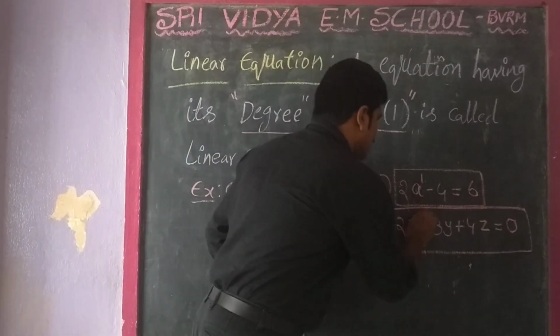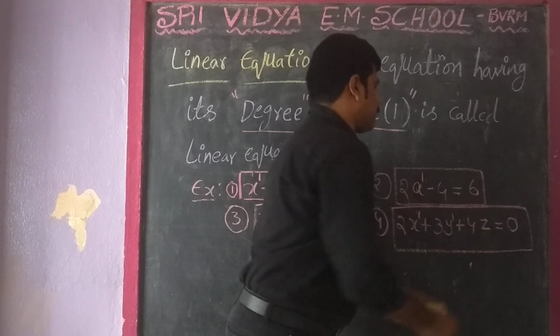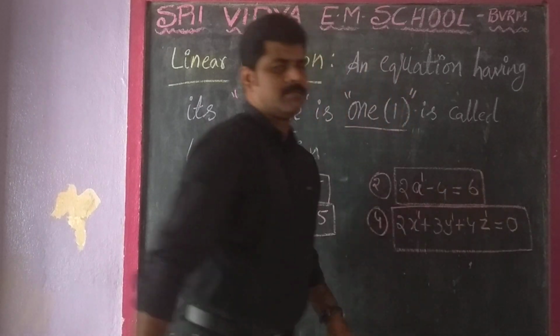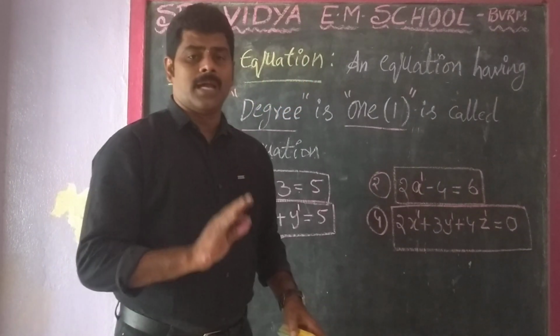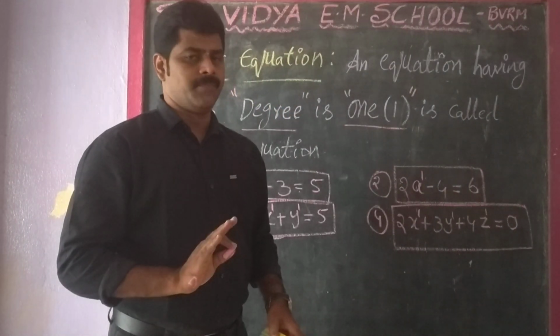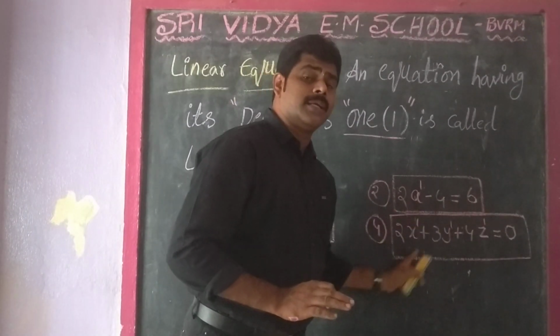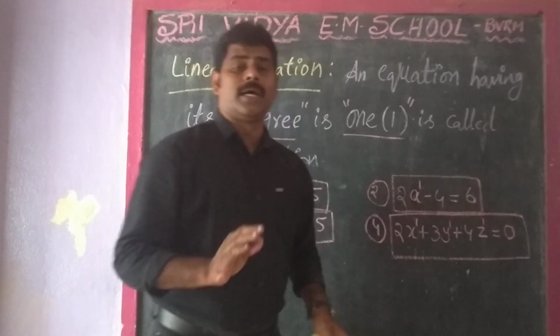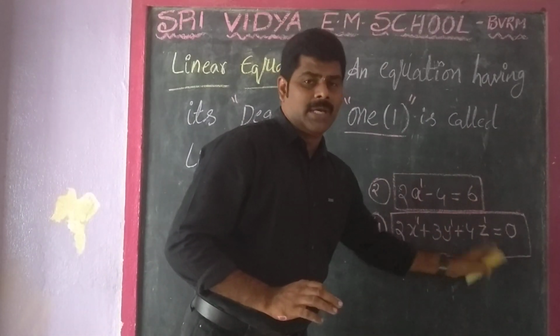The power of x is 1, y is also 1 and z is also 1. The highest power is its degree, as we already know. So the highest power is 1. So it is also a linear equation in three variables.